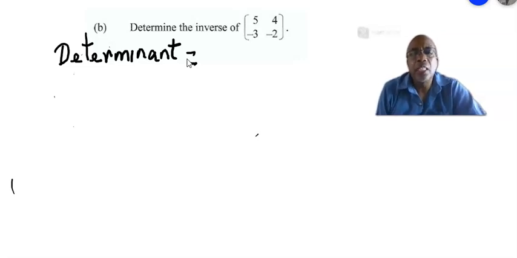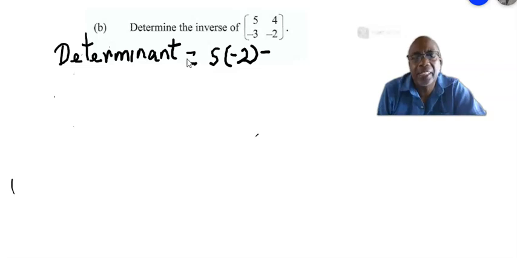To find the determinant, we find the product of the leading diagonal, that is 5 times negative 2, and we subtract the product of the other diagonal, and that will be 4 times negative 3.